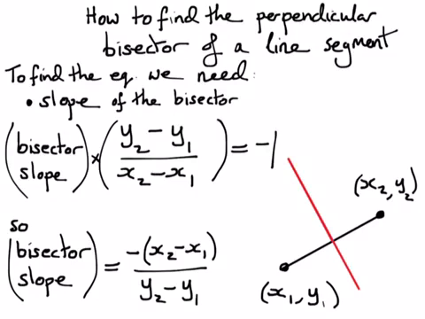Just take a moment to rearrange that in your head if you are unsure of what happened there. Now, I can distribute that negative that's outside the x2 minus x1 inside, and what I get is that nice little formula at the top. The slope of the bisector is x1 minus x2 over y2 minus y1.